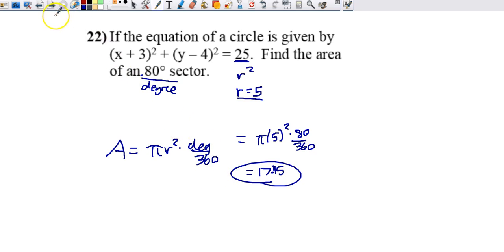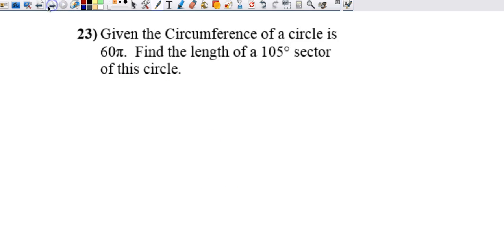All right, question number 23, and this is the last one on the practice test. Given the circumference of a circle is 60 pi, find the length of a 105-degree sector of the circle. All right, so first of all, I can get the radius.